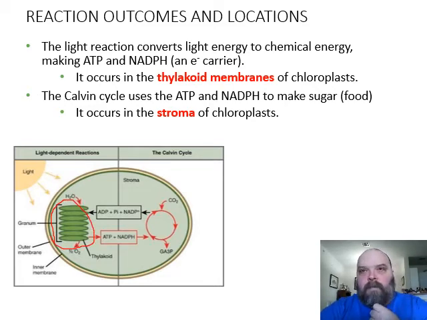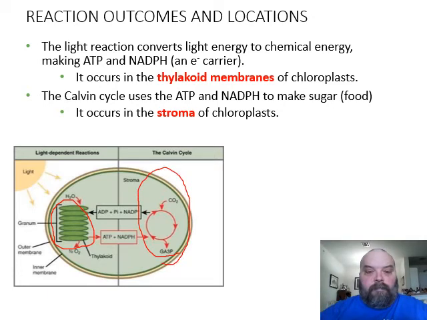This is where chlorophyll is, going to capture the energy from a photon, transfer it to an excited electron, all of that. The ATP, once it's made, is going to then be utilized here in the stroma. Remember, the stroma is the aqueous solution that fills in the chloroplast, not the cell, the chloroplast.